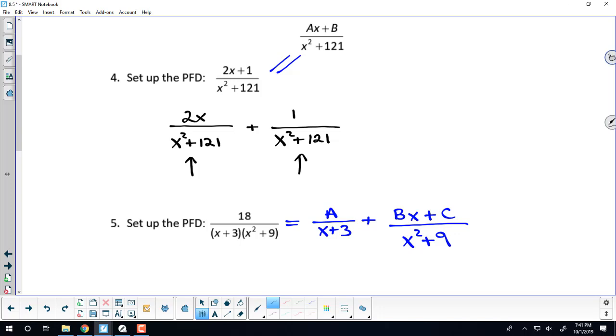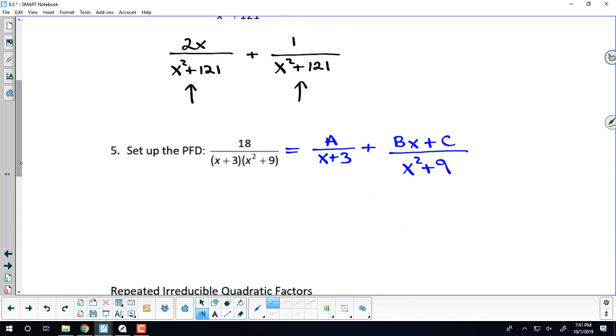So for a linear over a single irreducible quadratic, you just split it up. One is a u substitution, the other is an arctangent. Would the same thing happen with number 5, with the second half? Right. The same thing happens to the Bx plus C over x squared plus 9. In the practice of integrating this stuff, once you have B and C, you break that up in exactly the same way.